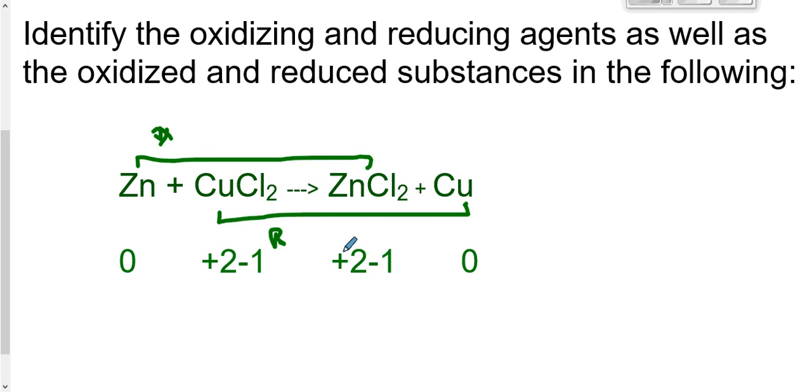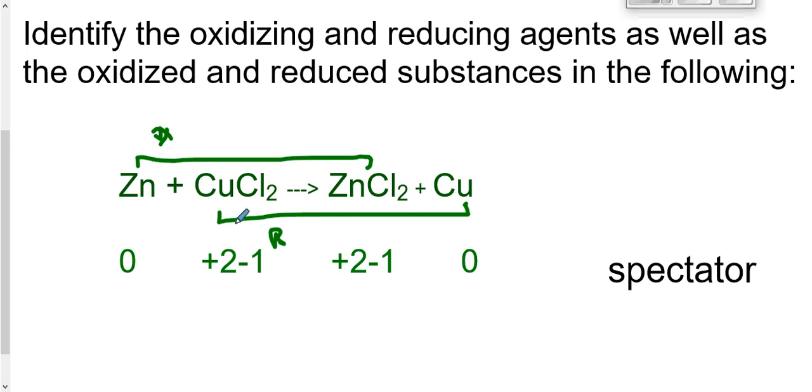Chlorine did not have its oxidation number change at all. Chlorine is what we would call a spectator. In a chemical equation, an atom whose oxidation number does not change is called a spectator. So if zinc was oxidized, it lost electrons.